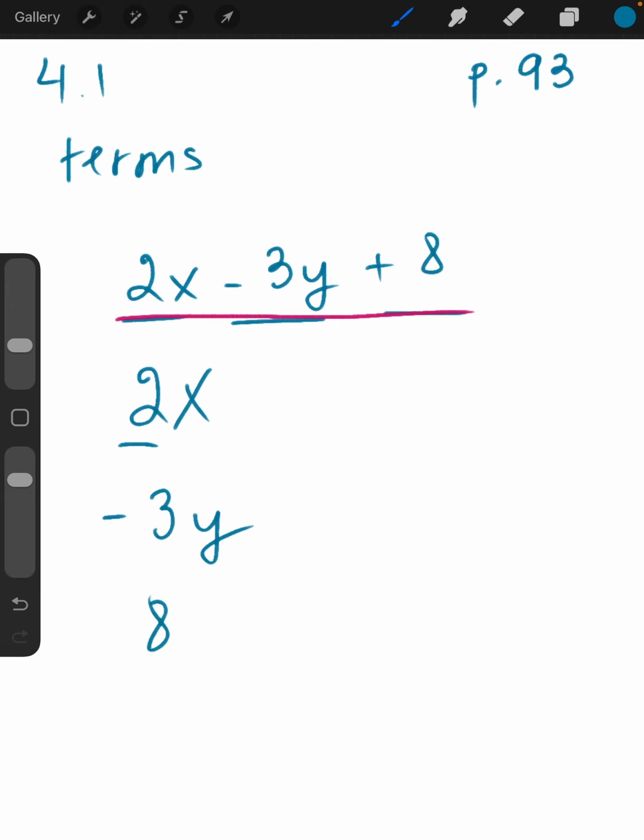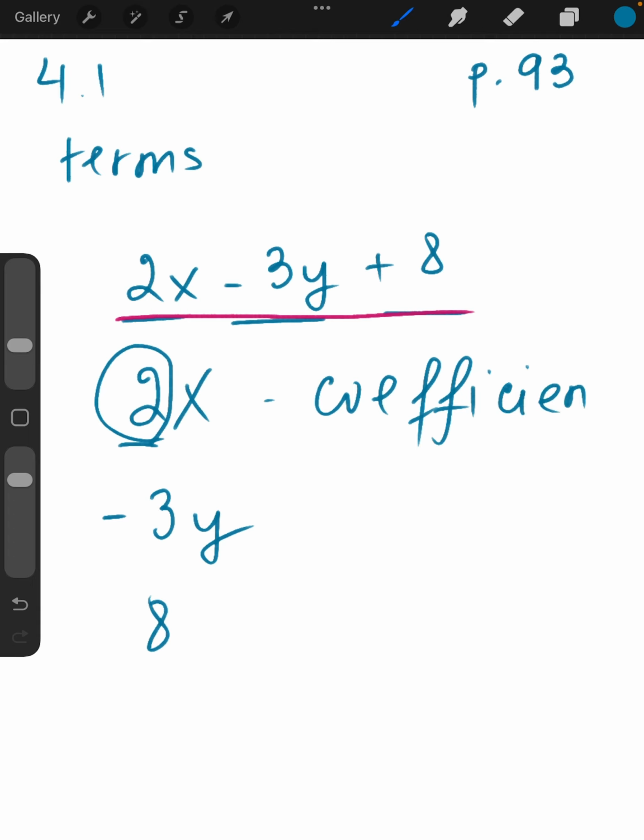In this one, number 2 is the coefficient. In this term, negative 3 is the coefficient, right? And number 8 does not have a variable, so it is not a coefficient, we call it a constant term.